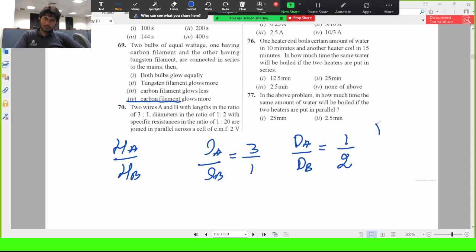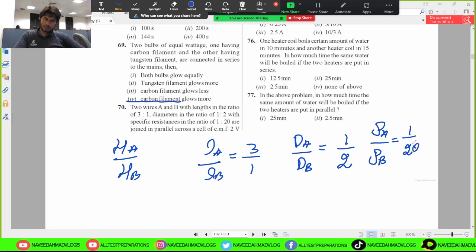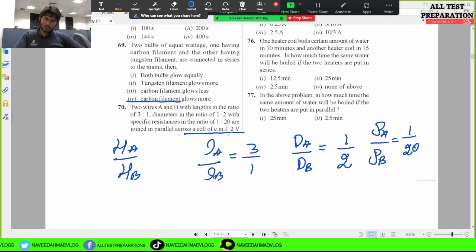Specific resistance is given, resistivity of A divided by B, that's equal to 1 divided by 20. Both are connected in parallel, so voltage will remain constant.